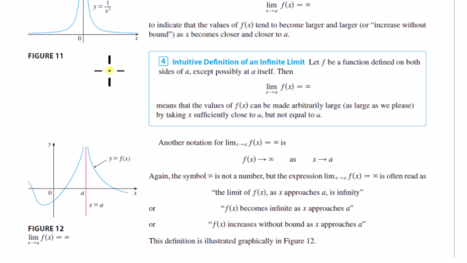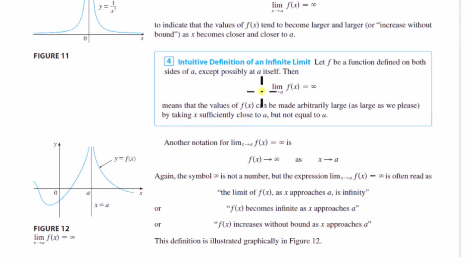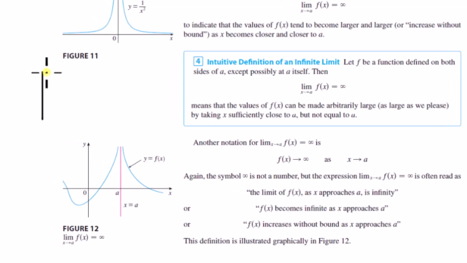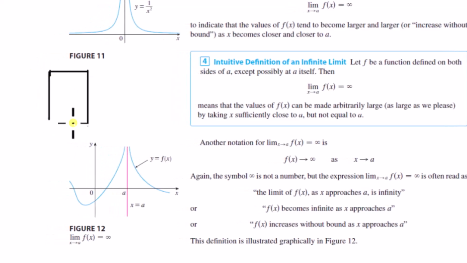If we break this intuitive definition down from the perspective of our trusty, hypothetical, enormously powerful calculator, what they're saying is this. We need to be able to do this as we approach a from both sides. Since this is not a one-sided limit, we have to be able to make one table with x approaching a from below, and another table with x approaching a from above.